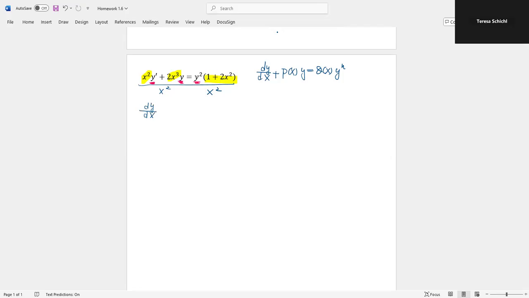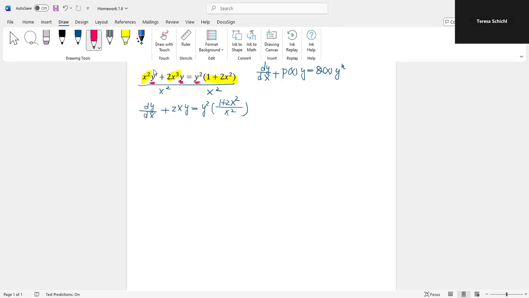And then the second term here is 2x cubed y, so this becomes plus 2xy. And then the last one here is y squared times (1 plus 2x squared), divided by x squared. Okay, so now let's try to match my Bernoulli.